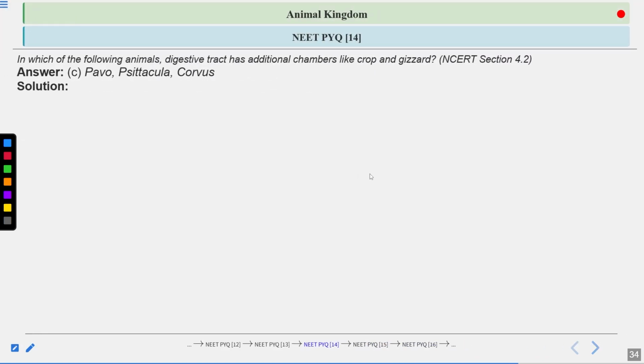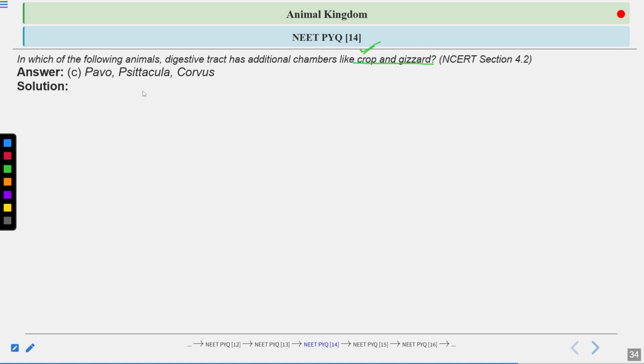In which of the following animals does the digestive tract have additional chambers like crop and gizzard? In the starting of this session, we had one question that asked which group of organisms has the crop and gizzard. The answer was Aves, that is the birds.